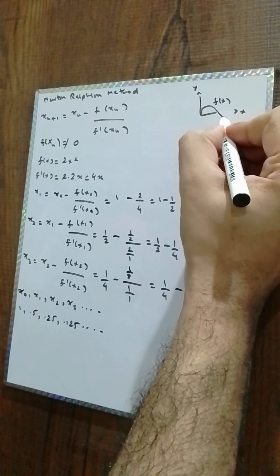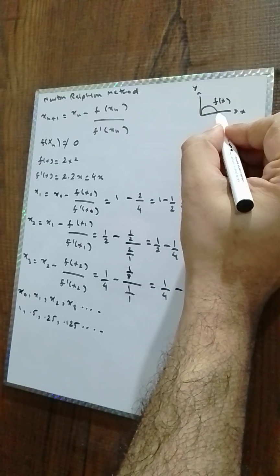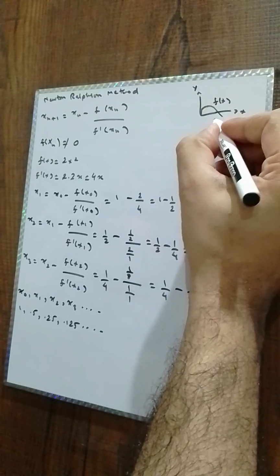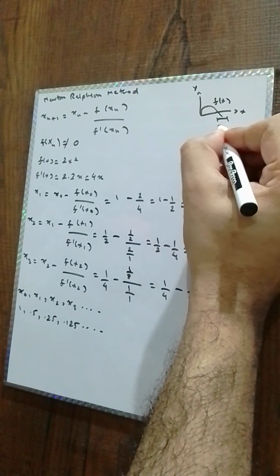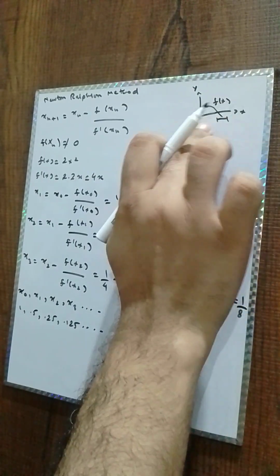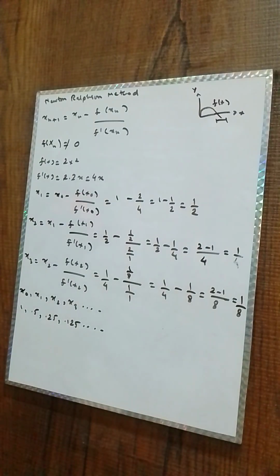The function dips on the x-axis and this gives us the point of solution. Then we have to narrow down the bracket, the interval, as much as we can for the possible values.